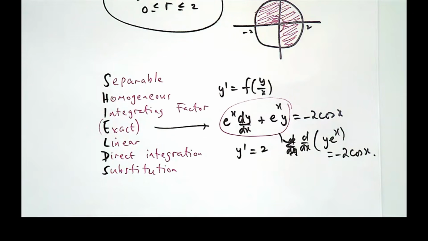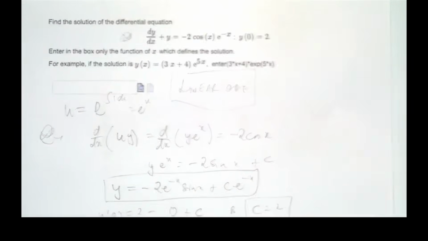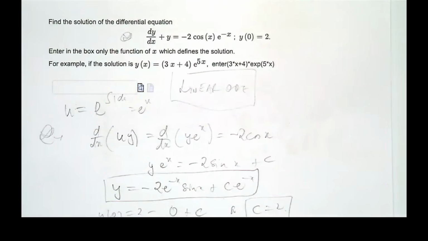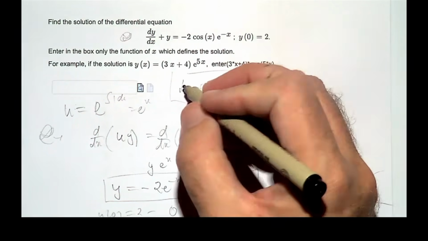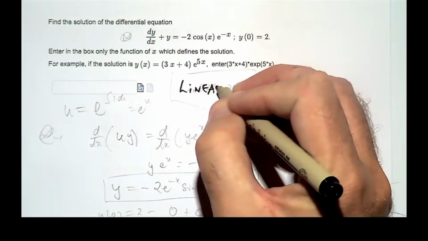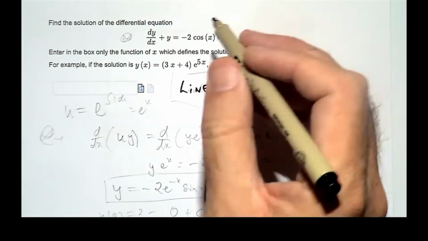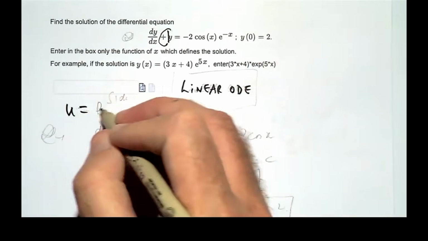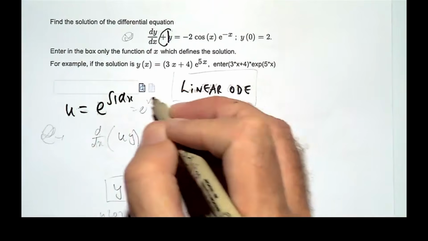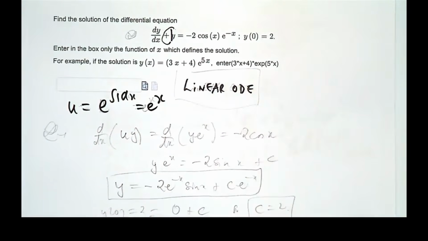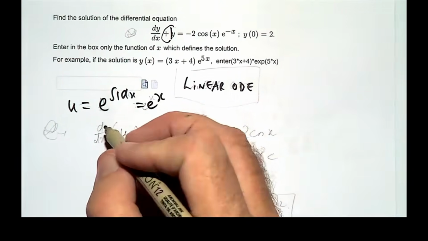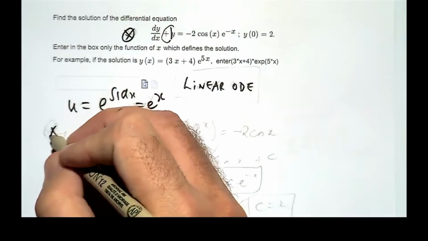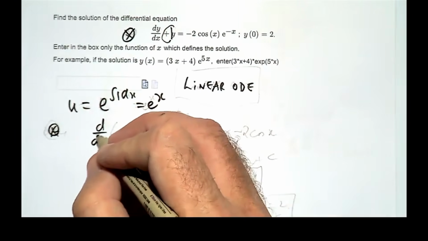So what do you do if you don't recognize that? Okay, so here it's linear. The integrating factor is this coefficient here. Let's call this star. Multiply both sides by u and collapse.